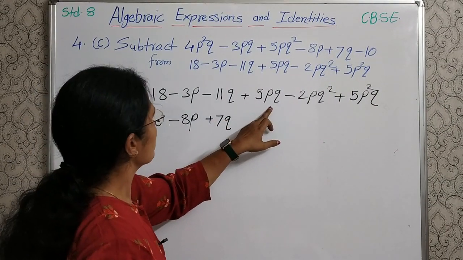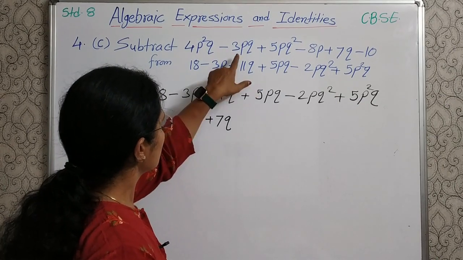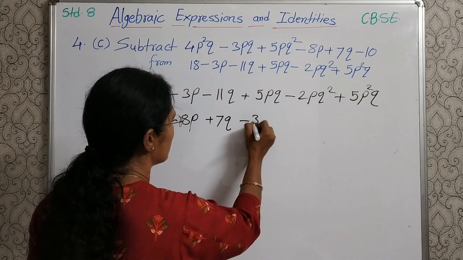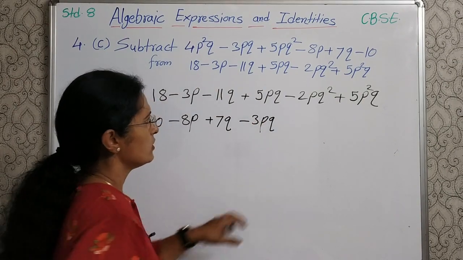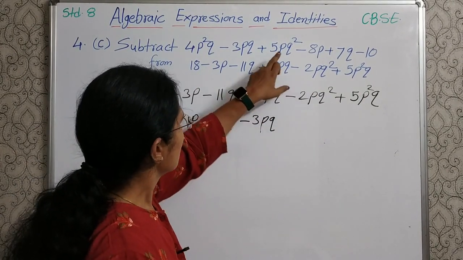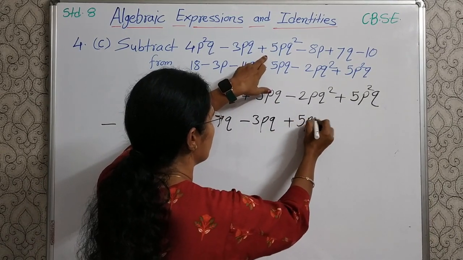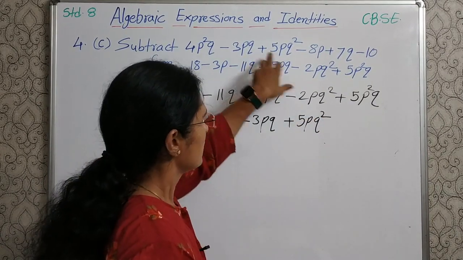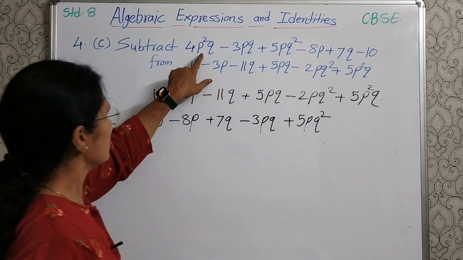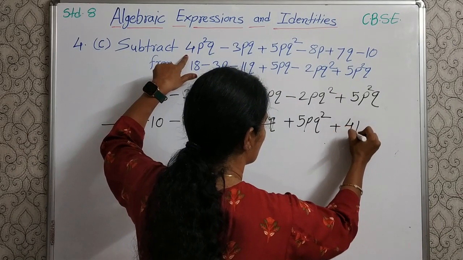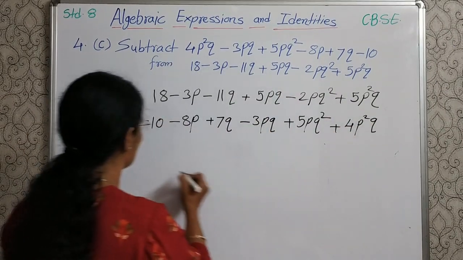Next pq, so minus 3pq. Next pq square is here, so write plus 5pq square. Then p square q is here, 4p square q, which is positive 4p square q.